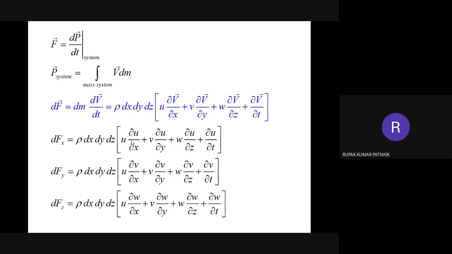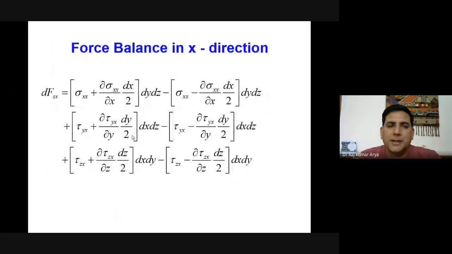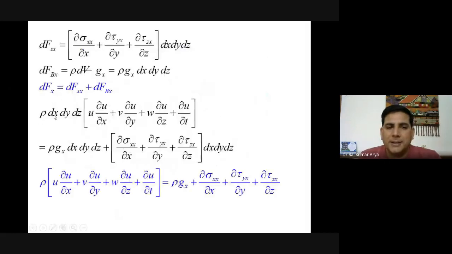So I would get this expression: rho del dx dy dz multiplied by acceleration in direction x would be equal to the body force and the surface forces. Dx dy dz will cancel from here.